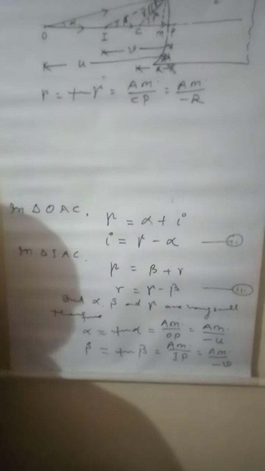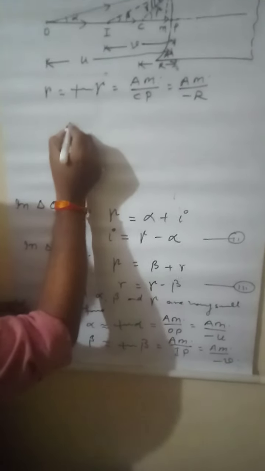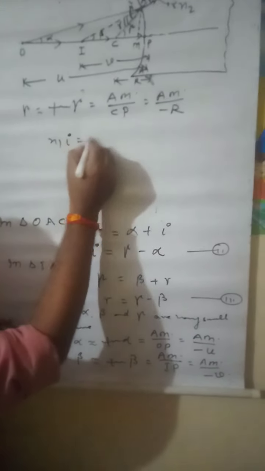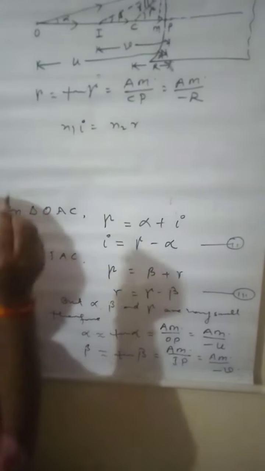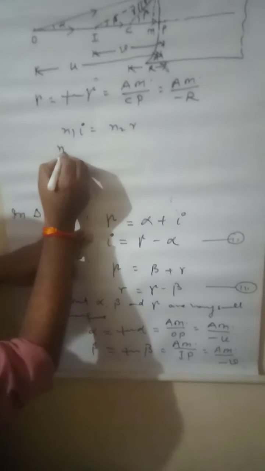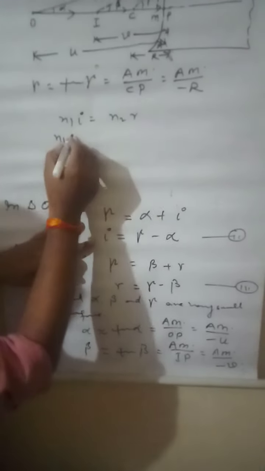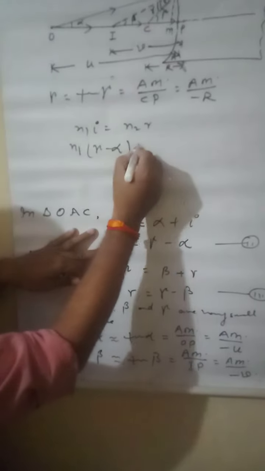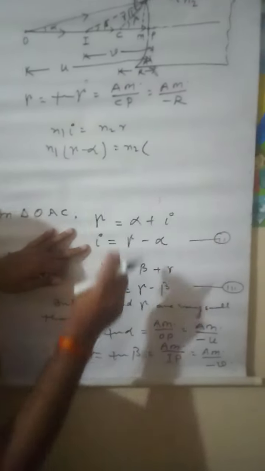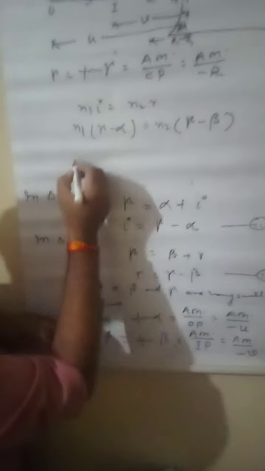Now n1 i equal to n2 r, with i equal to gamma minus alpha and r equal to gamma minus beta.